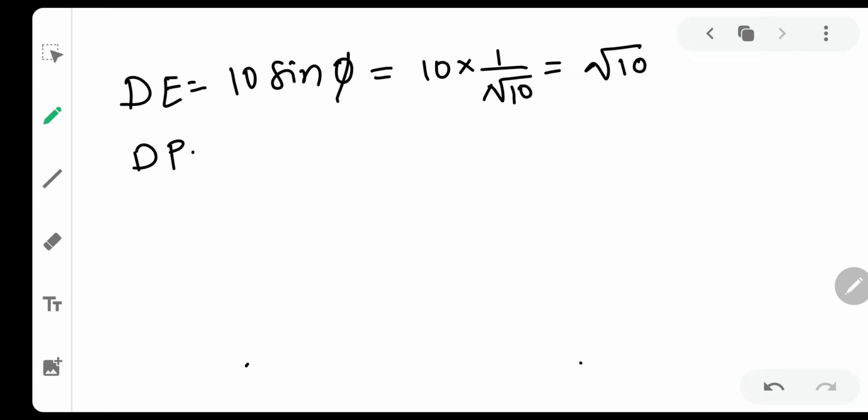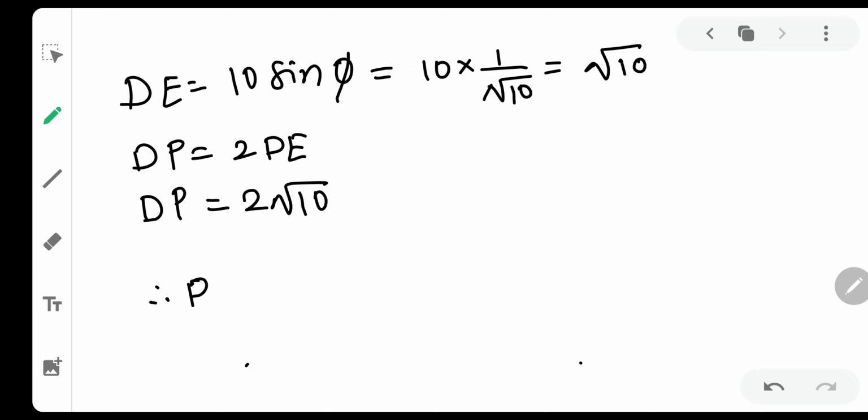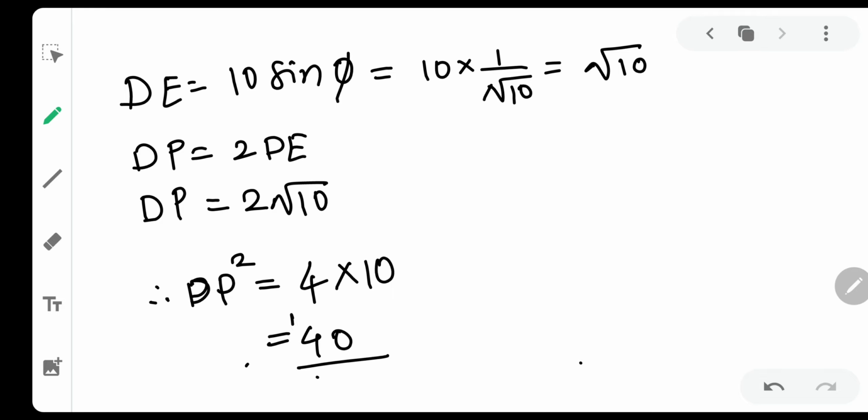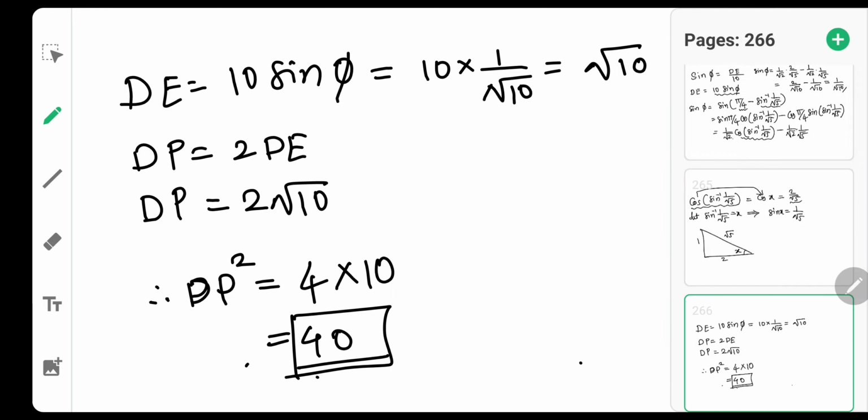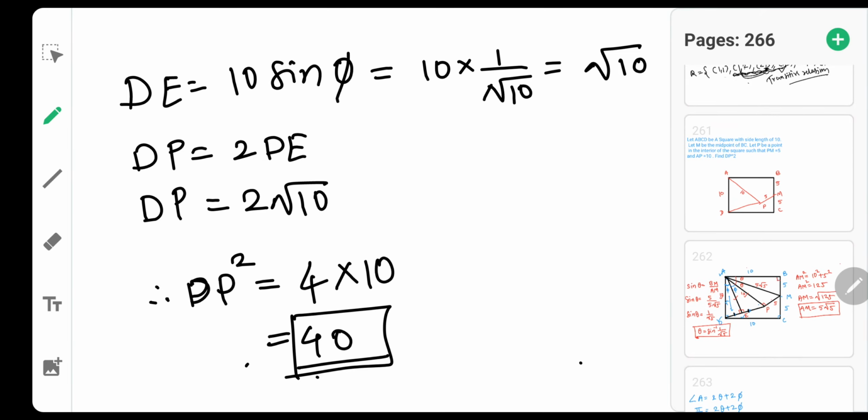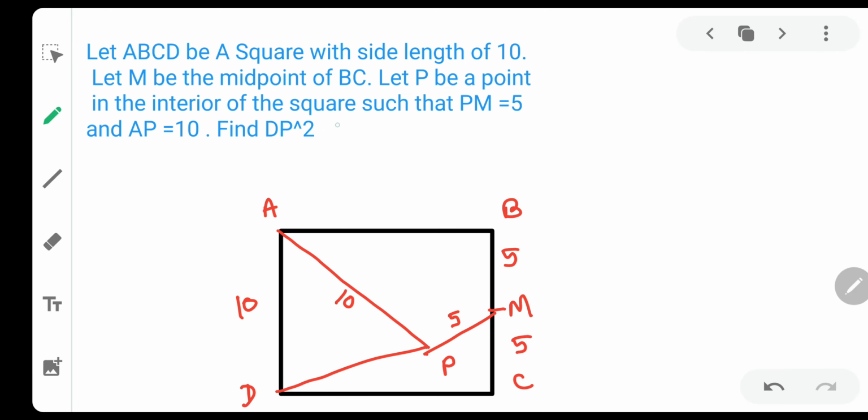So DP is equal to twice of DE, which will be equal to 2 root 10 units. Therefore DP square will be equal to 2 squared is 4 and root 10 squared is 10, which is equal to 40. Hence the correct answer to this question is 40. So you can see that DP square is equal to 40.